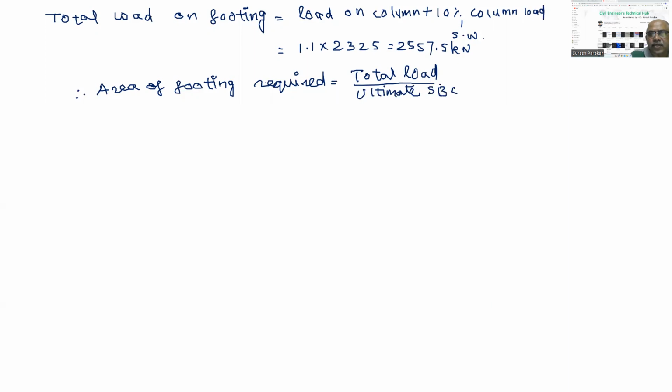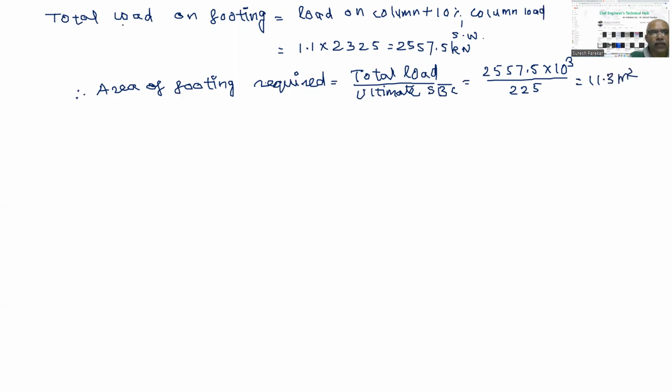Substituting the values, 2557.5 into 10 raised to 3 upon 225, we get 11.3 meters square.